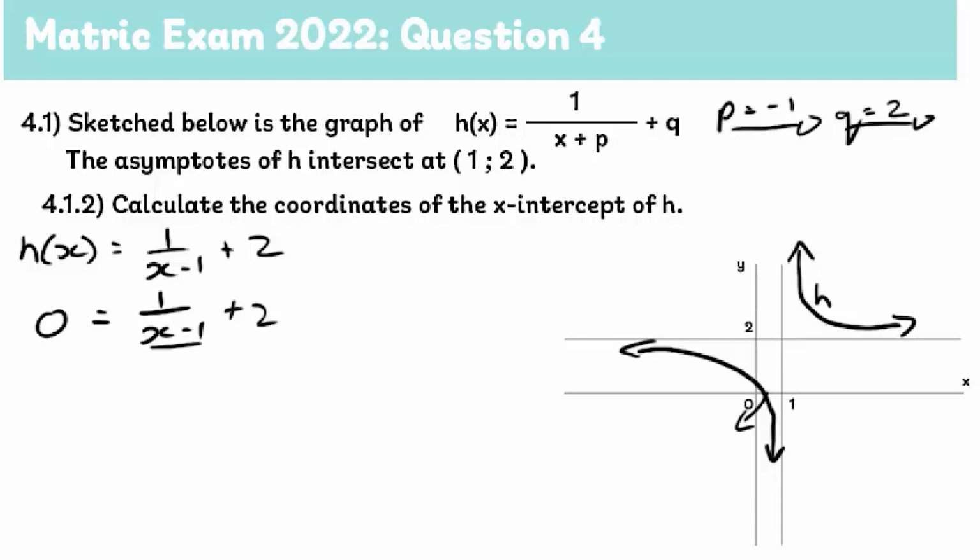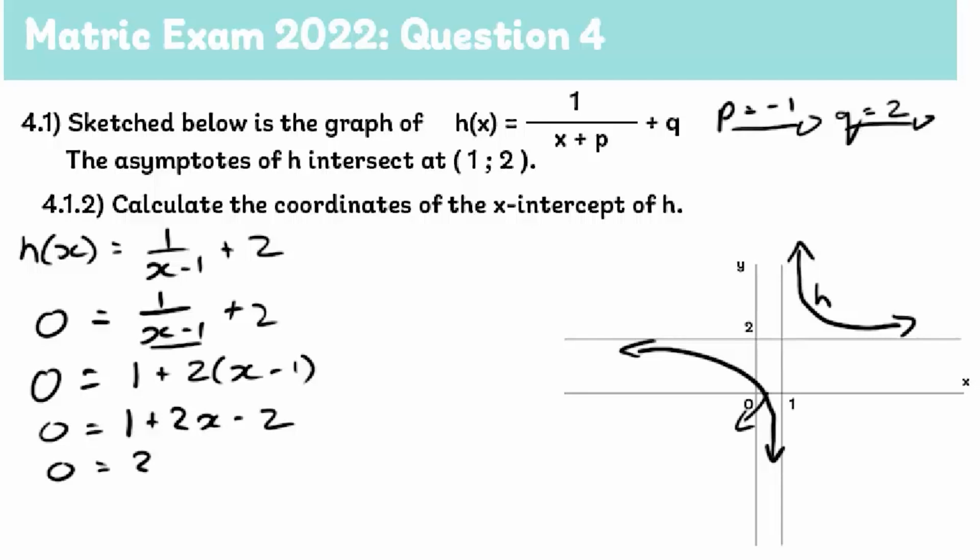Get rid of x minus 1. So 0 times anything is 0. x minus 1 times 1 over x minus 1 is 1, plus that. And then just for clarity's sake, we're doing that. And then that'll equal 1 plus 2x minus 2.